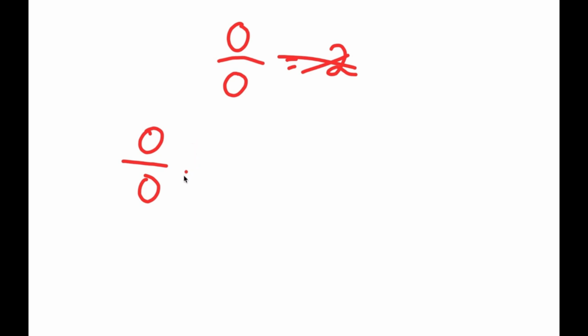Well, 0 over 0, this is the same thing as 0, which is the same thing as 1 minus 1, meaning I can write this as 1 minus 1 over 1 minus 1, right? And this is right because 1 minus 1 is 0, so this is the same thing as 0 over 0.